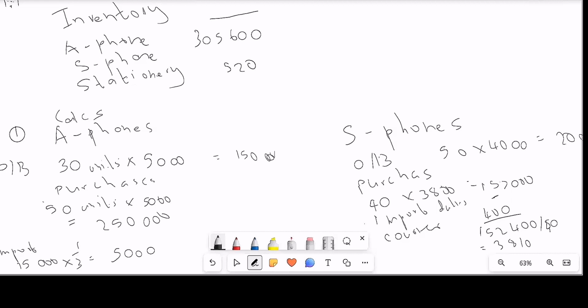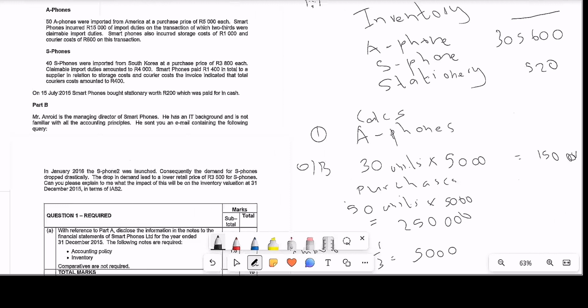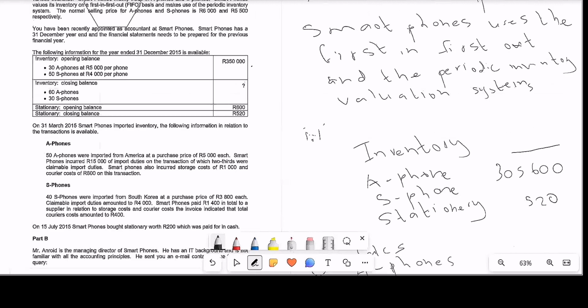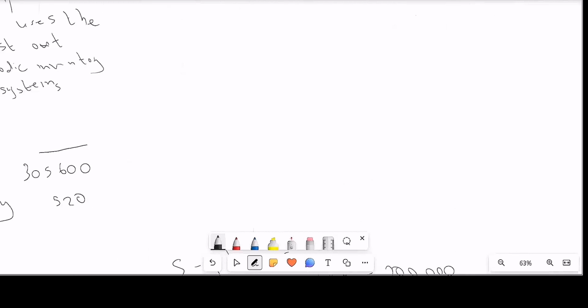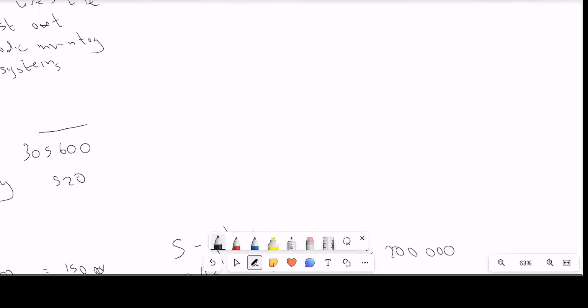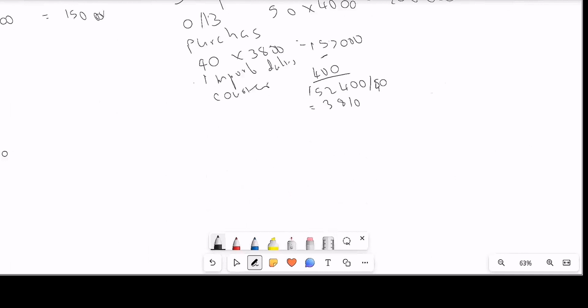Let's see how much stock they had at the end of the year. So let's move up. So they had 30 phones on hand. So this is how we're gonna do it. So they had the closing balance here. They had 50 on hand plus 40 purchases.